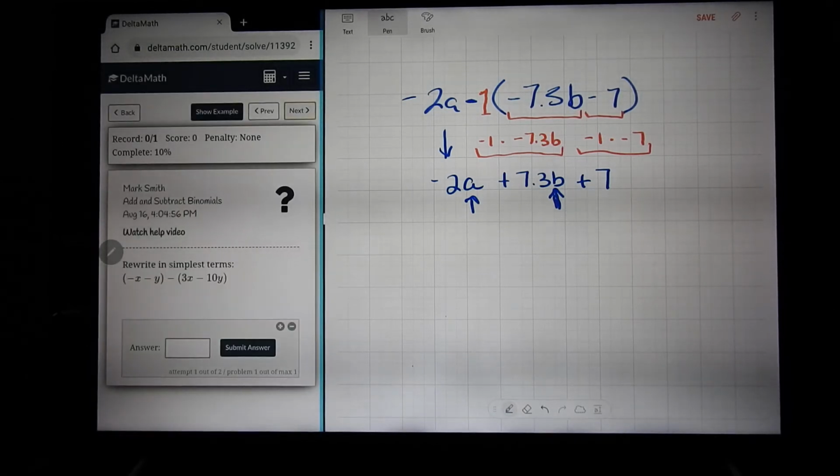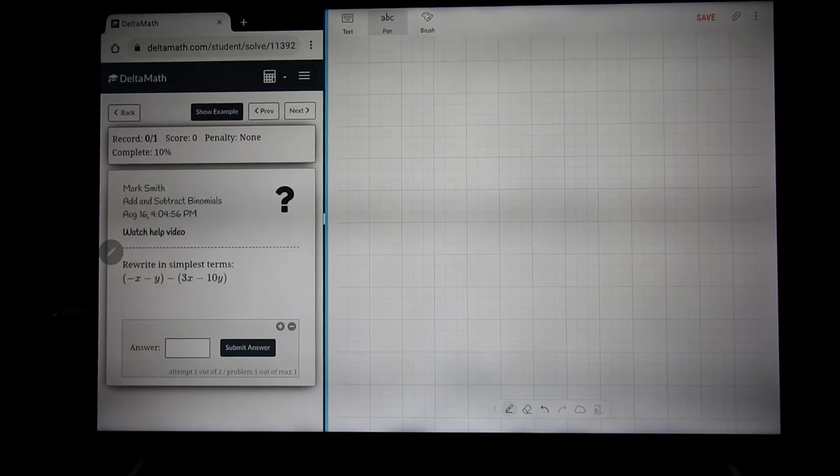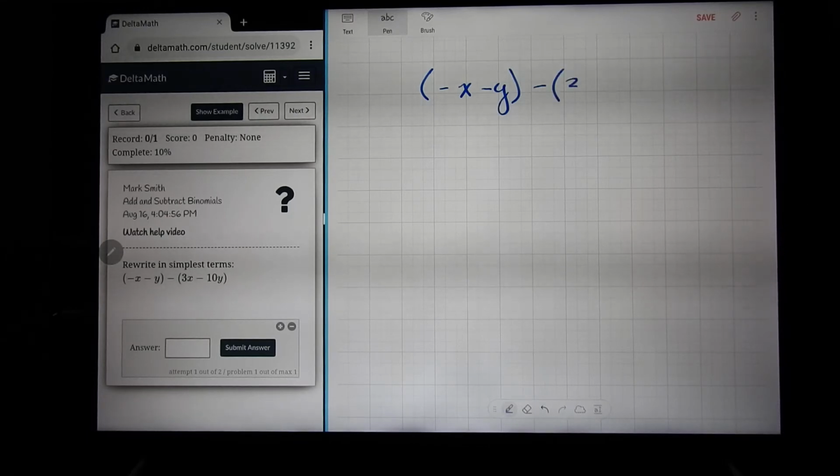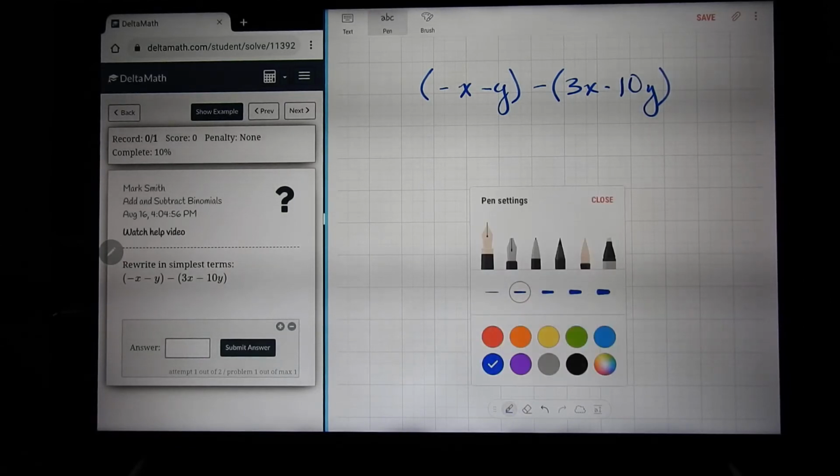The next problem says rewrite in simplest terms. All right, simplest terms. We have x minus y minus (3x minus 10y). Notice that we have to distribute the negative right here again.